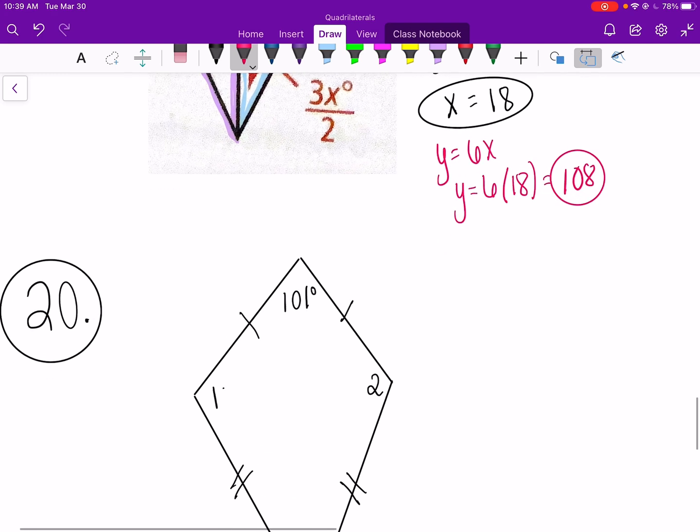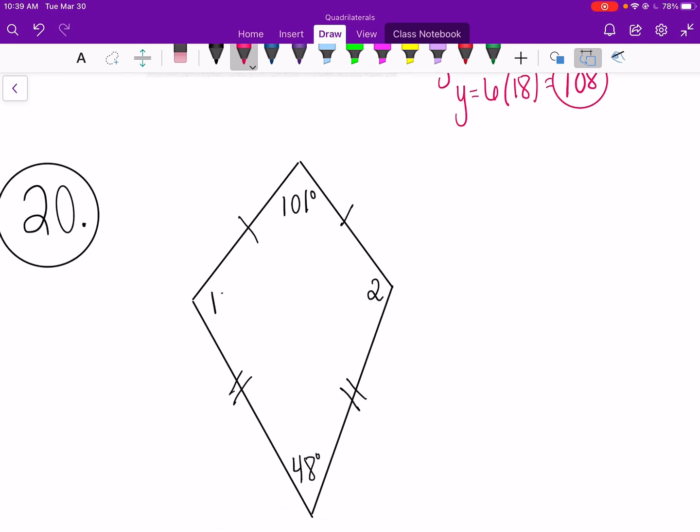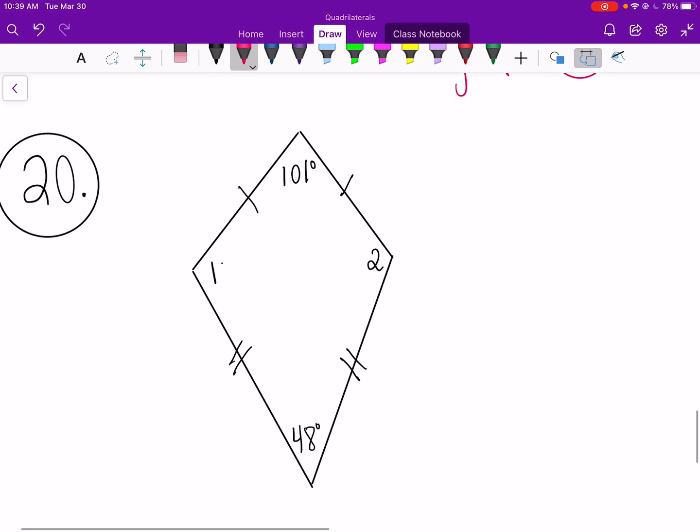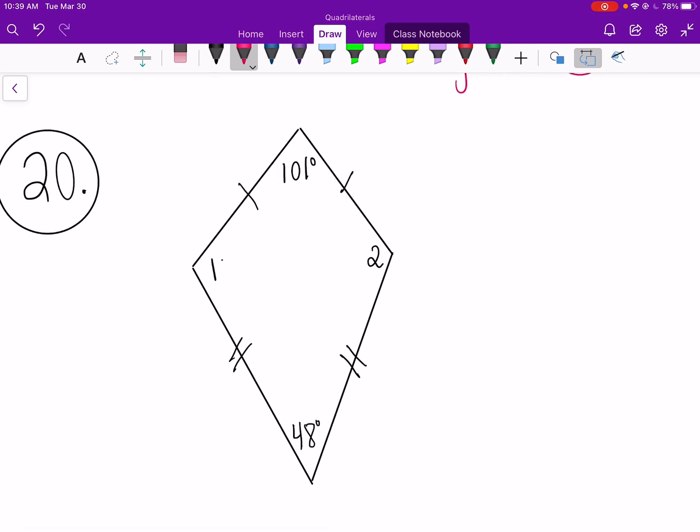The last example I have for you is actually number 20 on the worksheet. Now notice that it does not give us the diagonals. So we are not dealing with triangles, we are just dealing with the kite. Well, if I were to have an imaginary main diagonal, I know that it would divide this kite into two congruent triangles where angle 1 was congruent to angle 2.